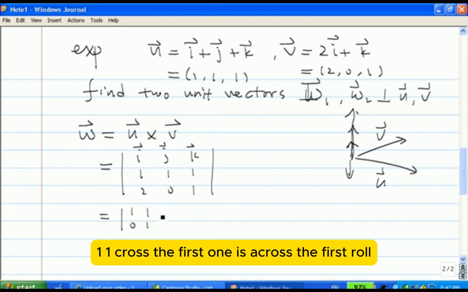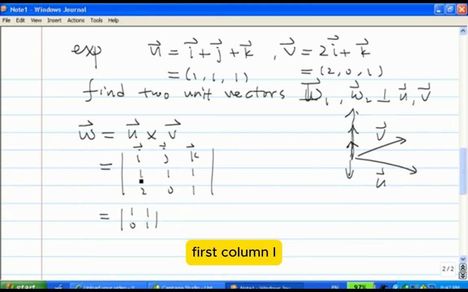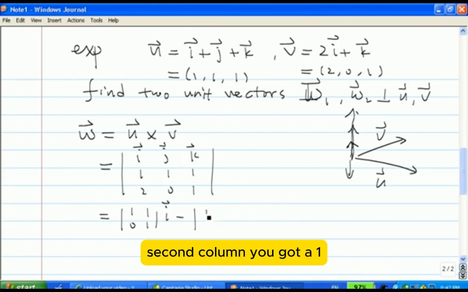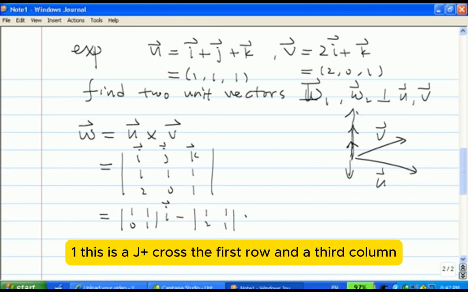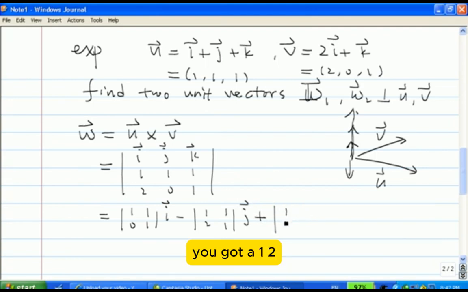Okay. The first is the cross of the first row, first column, I, minus the cross of the first row, second column. You get 1, 2, 1, 1. This is J, plus the cross of the first row and third column. You get 1, 2, 1, 1.